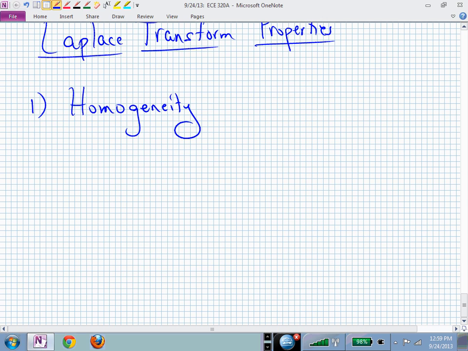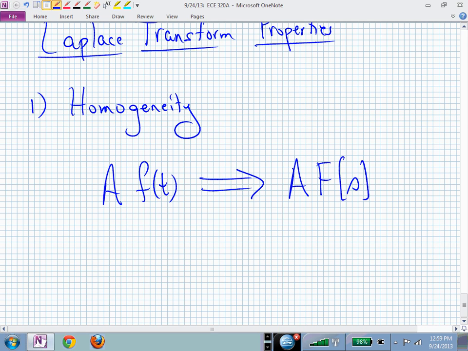The scaling is the same in the time domain and the frequency domain. Meaning if I now have A times f of t, that produces, and that's what this arrow means or implies, A times capital F of s if I wanted to Laplace transform capital A f of t.